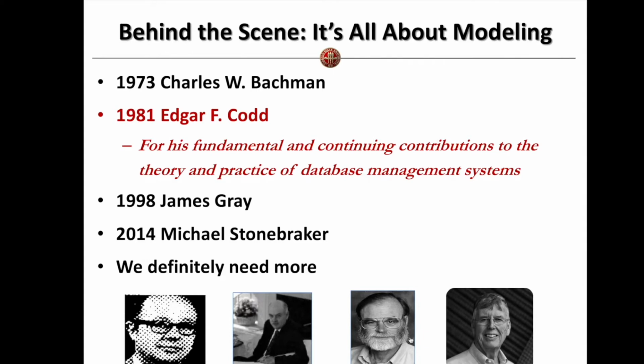Many important and famous computer scientists, some of whom also received the Turing Award, are shown on this page, including Charles Bachman, Ed Codd, James Gray, Michael Stonebraker, and definitely we will have some more in the future, for their contribution to database systems.